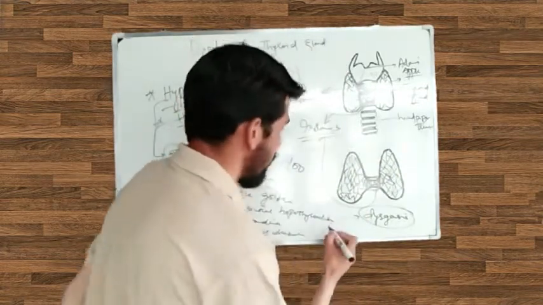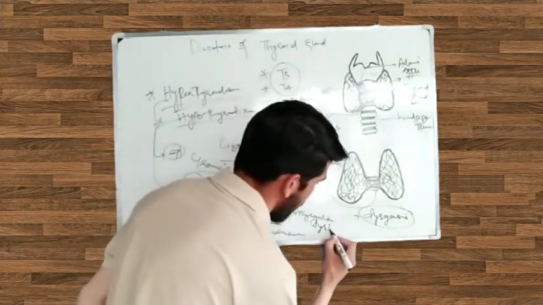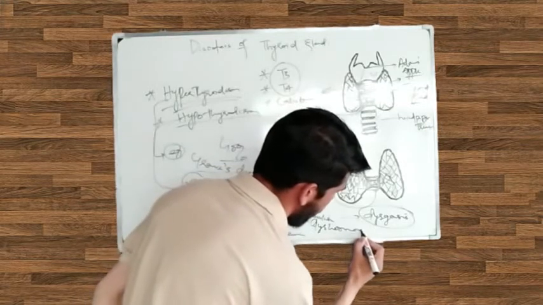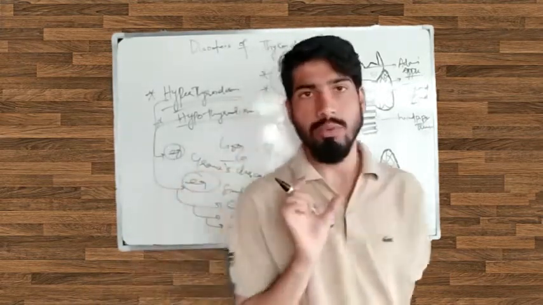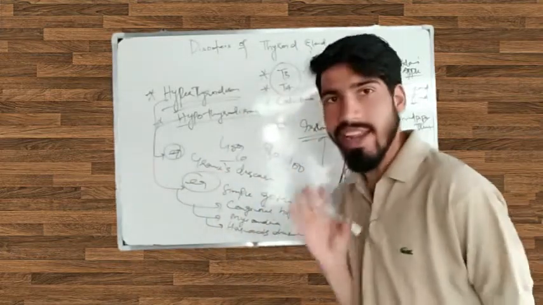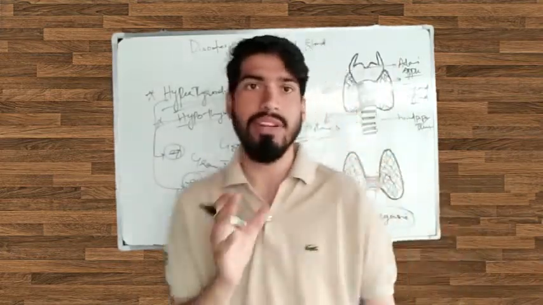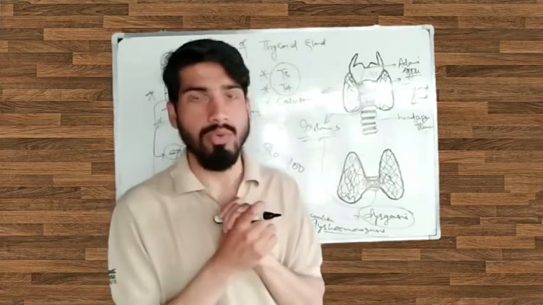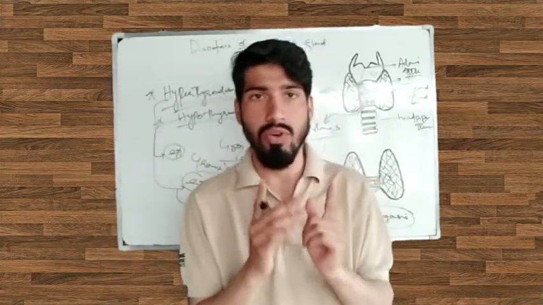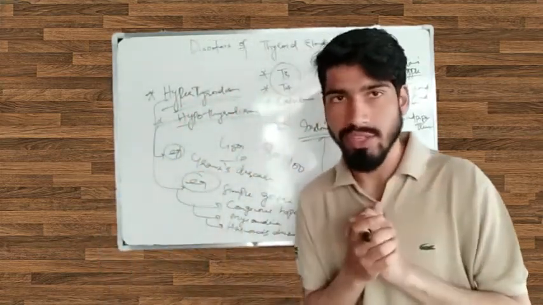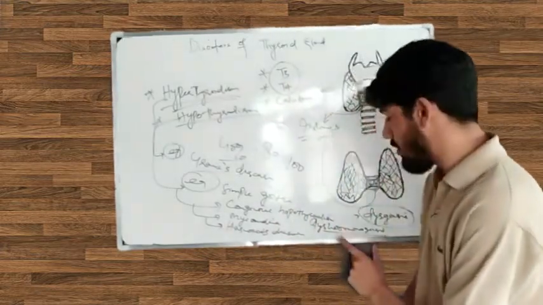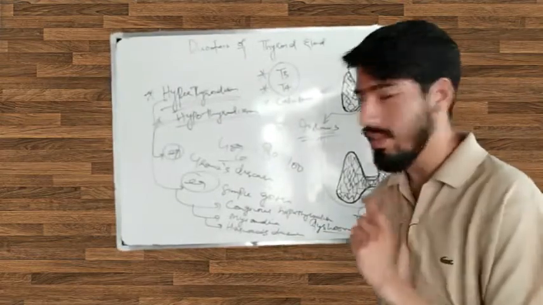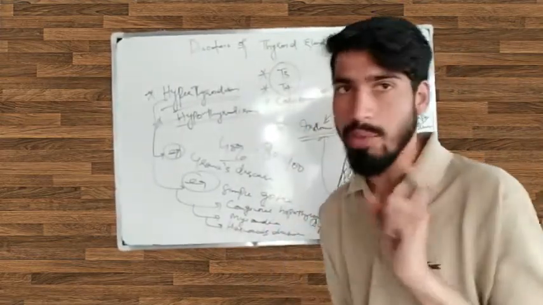It means that the thyroid gland is present, but it cannot release the hormones. So dysgenesis and dysharmonogenesis both happen in congenital hypothyroidism.